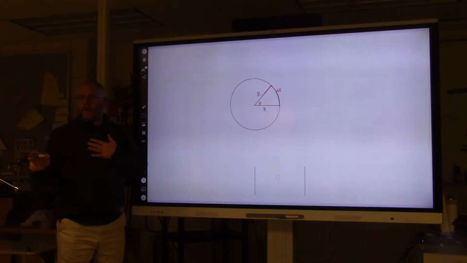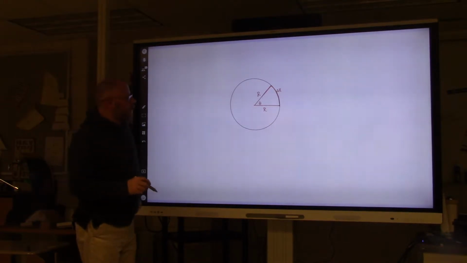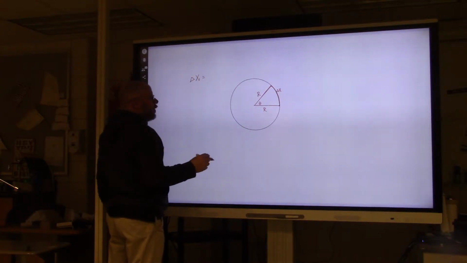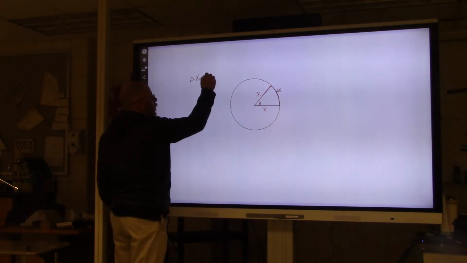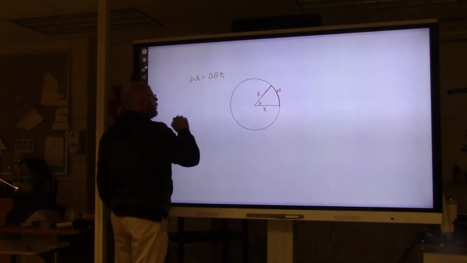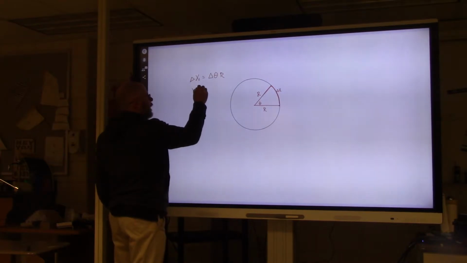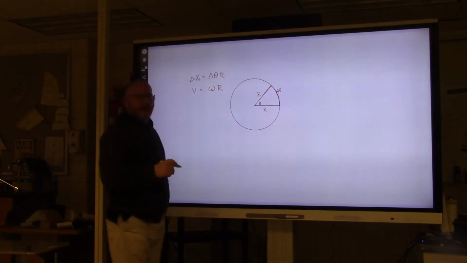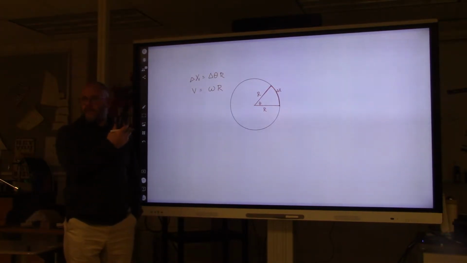So this is something we drew a little bit ago. We said the actual physical distance it goes, the delta x, you can find if you know the angle that you went and the radius, right? Which means if you want to find the linear velocity, you would take the angular velocity times the radius, right? That makes sense.